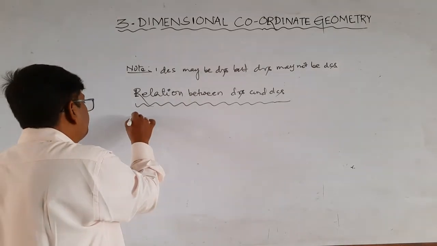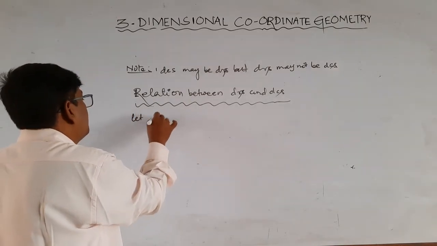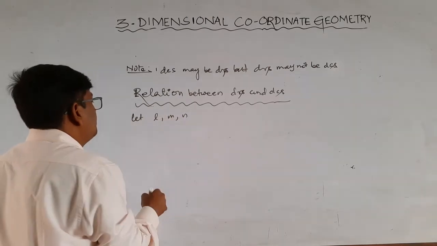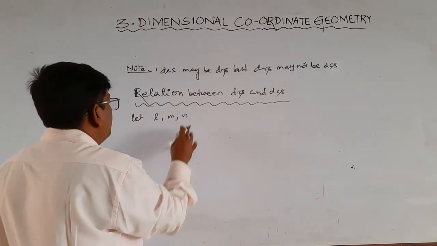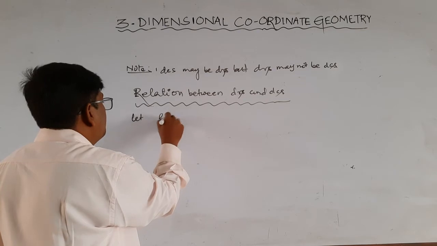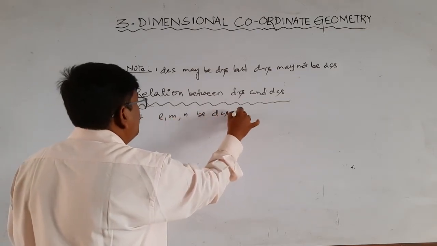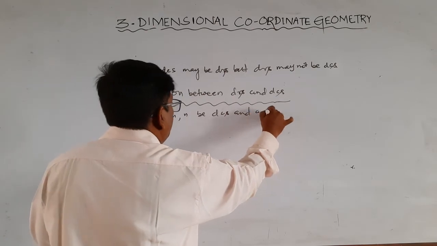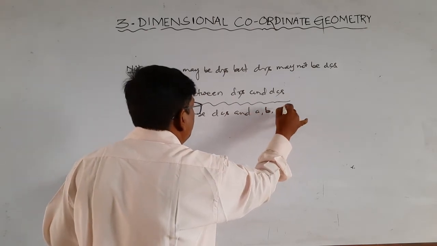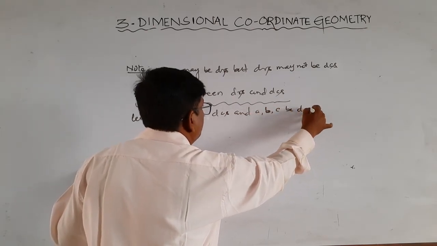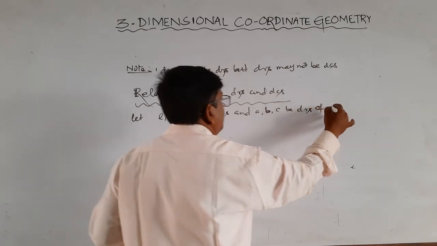Let l, m, n be the DCs and a, b, c be the DRs of a line.